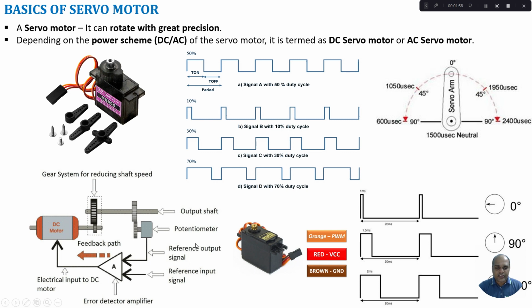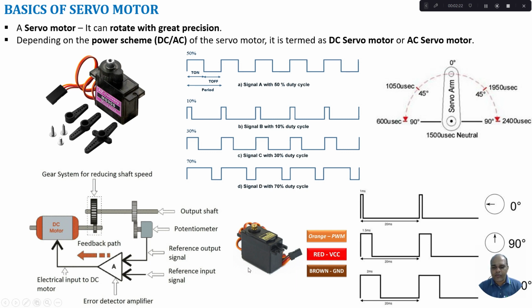You can see this is a closed loop system. The motor rotation is achieved and the position of the shaft is measured, and depending upon the shaft position, the correction signal is applied to the DC motor. Thereby it forms a closed loop system. Due to this closed loop mechanism, precise positioning can be achieved in a servo motor.